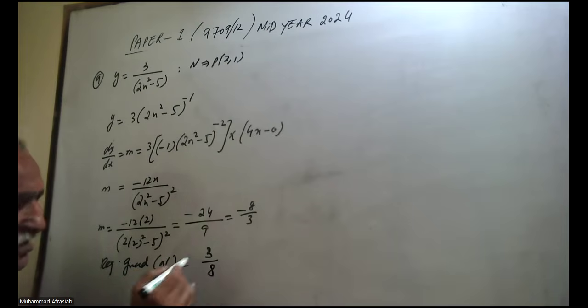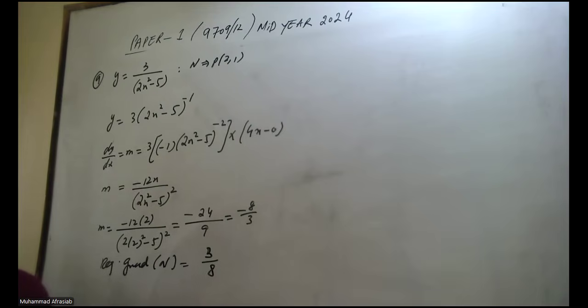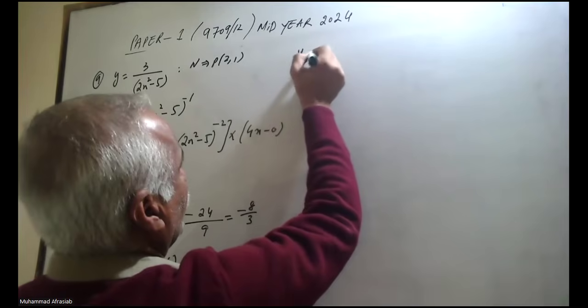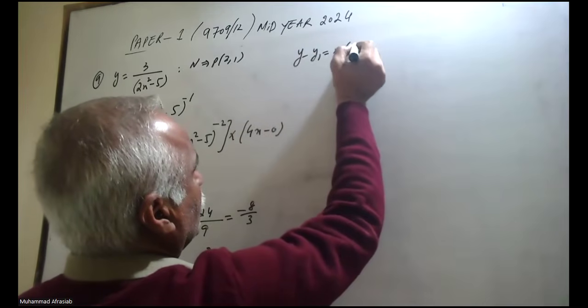That is the gradient of this curve at the point 2 and 1. So required gradient, because you are finding the normal, is equal to 3 over 8.